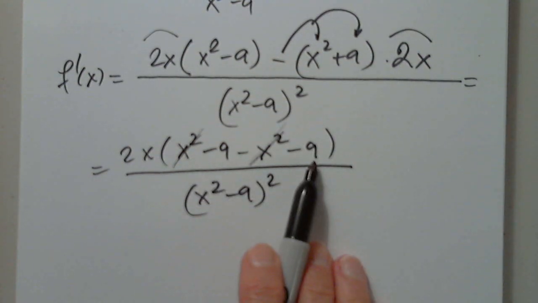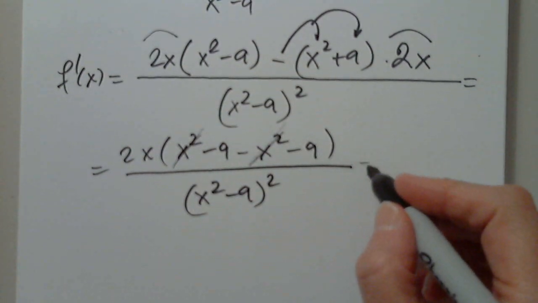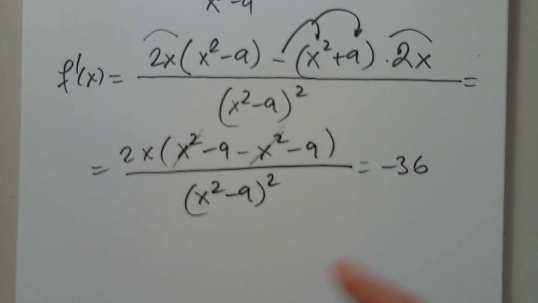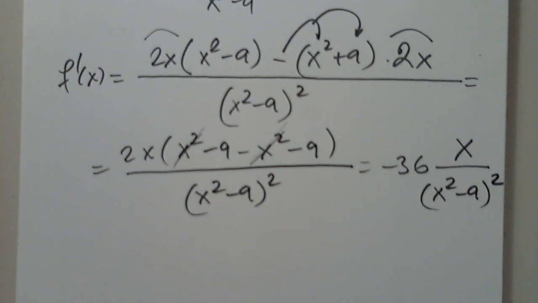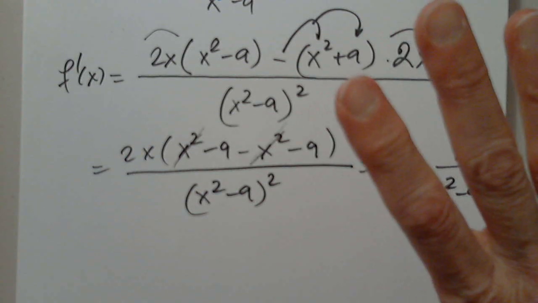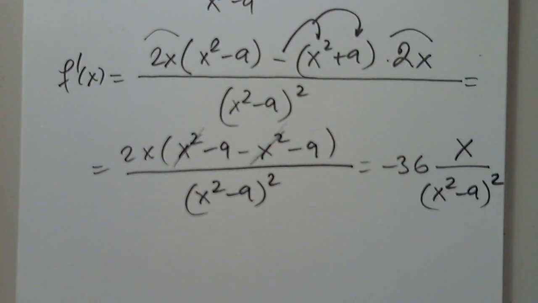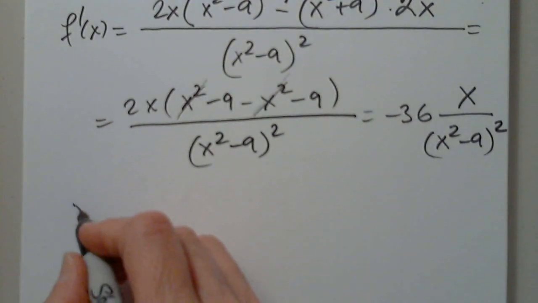I have negative 18 times 2, negative 36, x at the top, and x squared minus 9 squared in the denominator. You can leave the 36 at the top, but I prefer putting the factors in front if it's possible. Good.